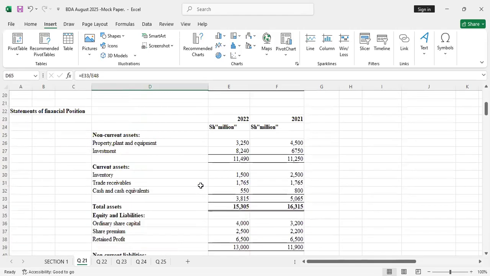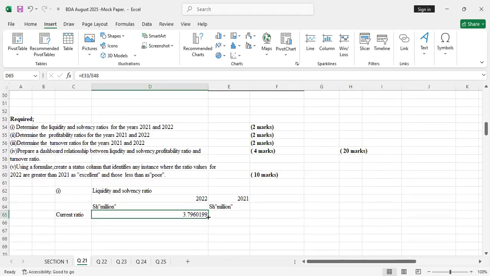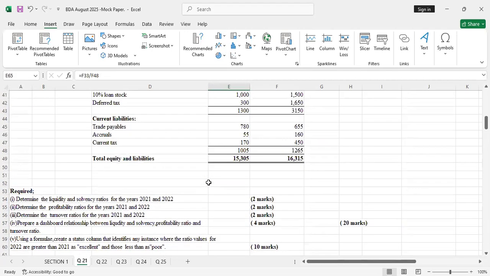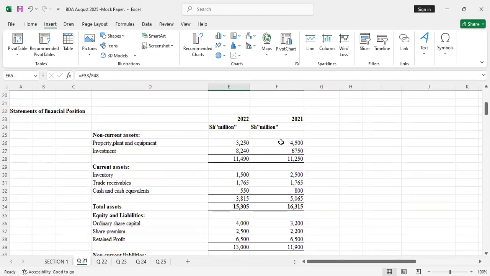And because 2022 and 2021 are along the same line, I'll drag to see what we have under 2021. So in 2021, they're giving me F33 divided by F48 here. So let me look at cell F33 just to confirm.